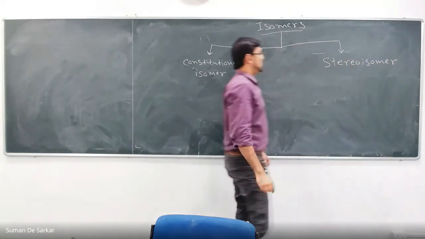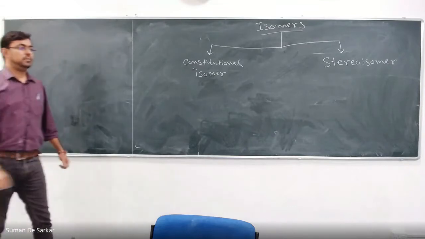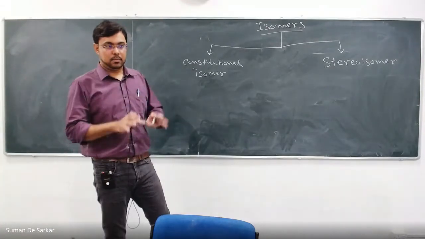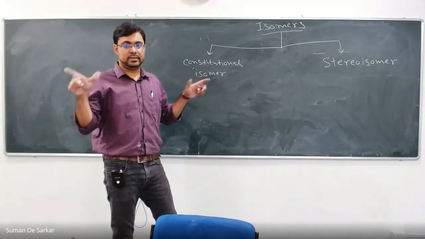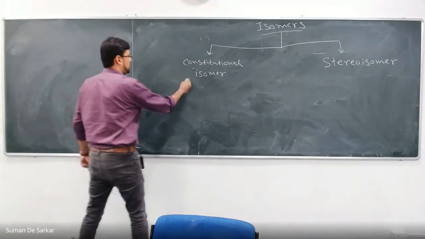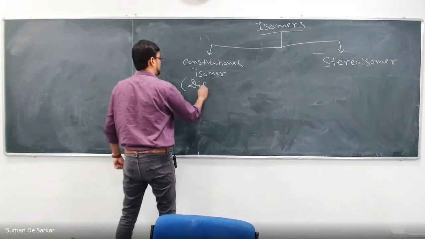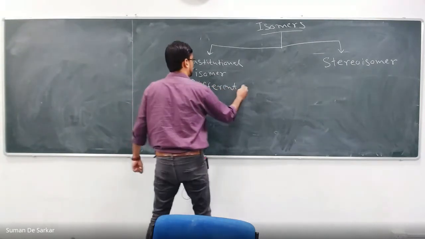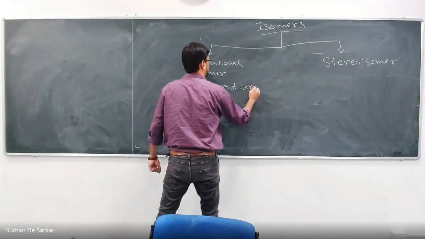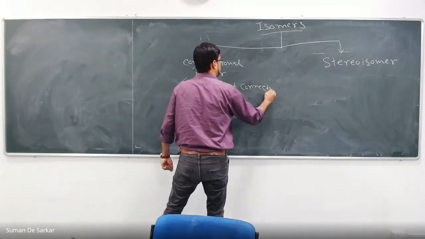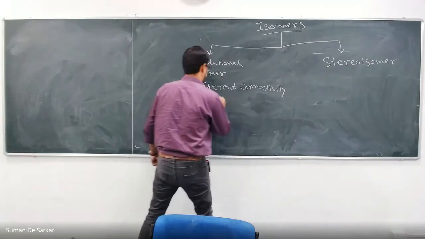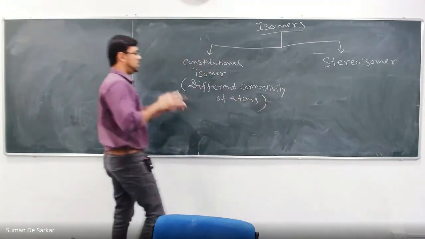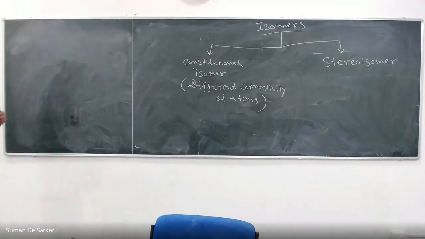Constitutional isomer is nothing but molecules with same chemical formula, but the connectivity is different. So the connectivity of the atoms is different.